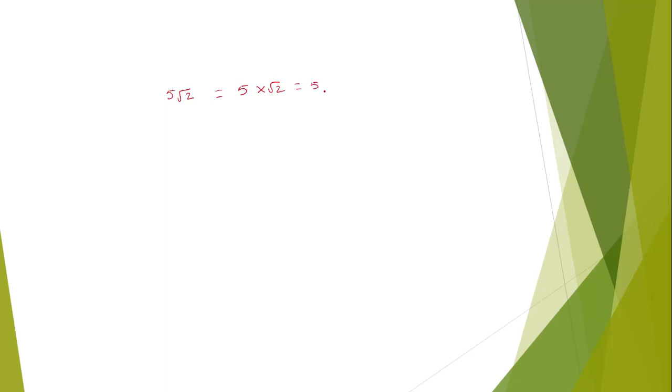Already we learned it in previous sessions, 1.414 etc. That means what do you get in the first example? 7.070 etc. What do you say about 5? 5 is a rational number, but root 2 is an irrational number.